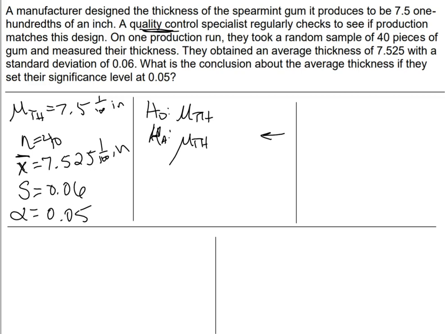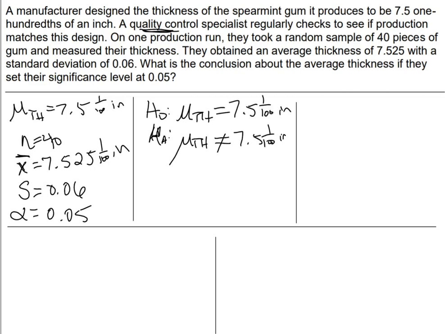Do you want the alternative to be that the average design is equal to 7.5, or should the alternative be that it's not equal to 7.5? Again, think about what the alternative should be, what the null should be, and what that means about where we're placing the burden of proof on the data.